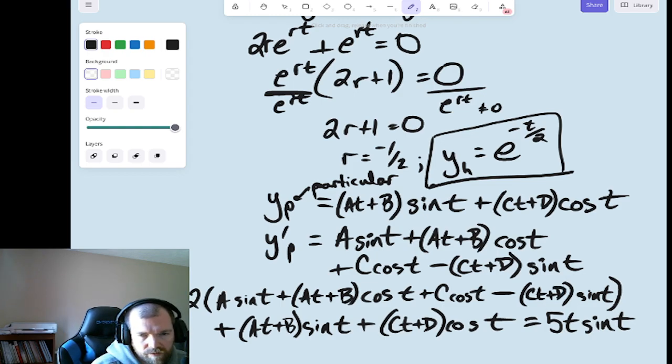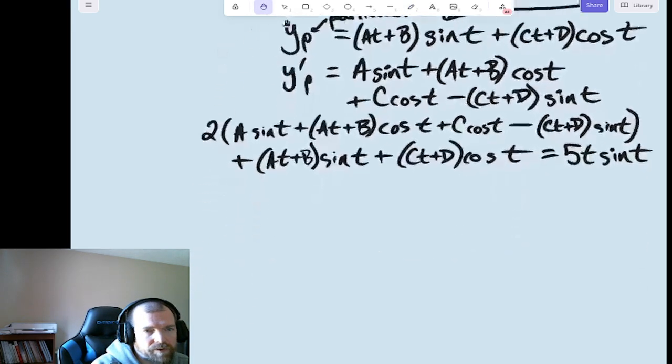Okay. So now we have to combine all these little bits and see what we get when we move things around a bit.